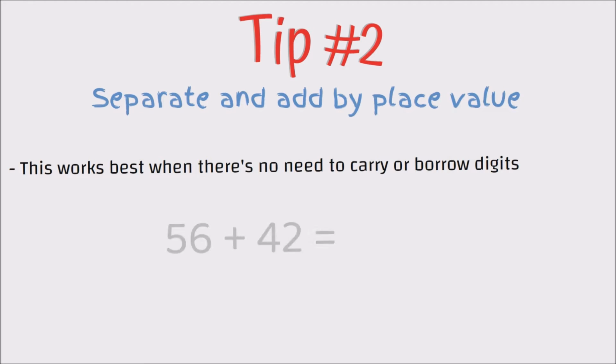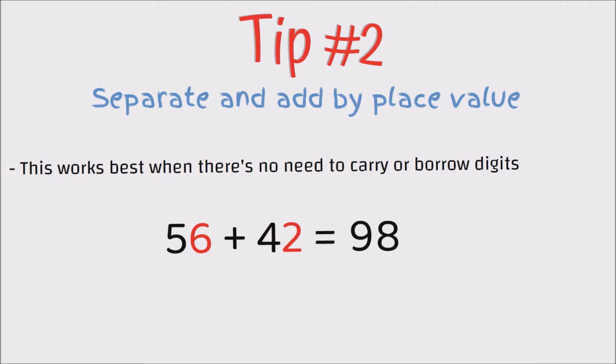I think this is best shown as an example, so here goes. 56 plus 42. Right away I separate the tens and ones digits and then add them. So 5 and 4, and 6 and 2, both these groups when added provide a single digit number. 5 plus 4 is 9 and 6 and 2 is 8. So the end result will be 98.